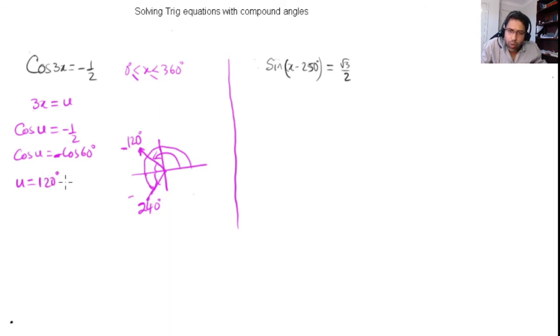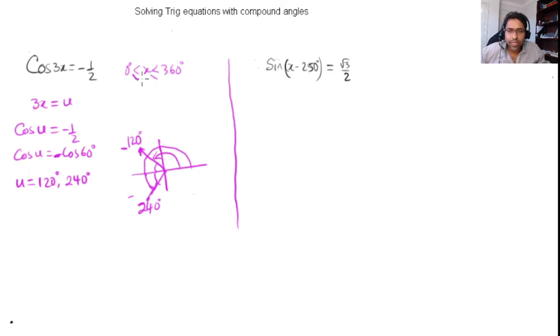120 or 240. Now the interesting thing is, don't forget that it is not u, it is our x. When you have a restriction for x, you need to check what the restriction is for u.